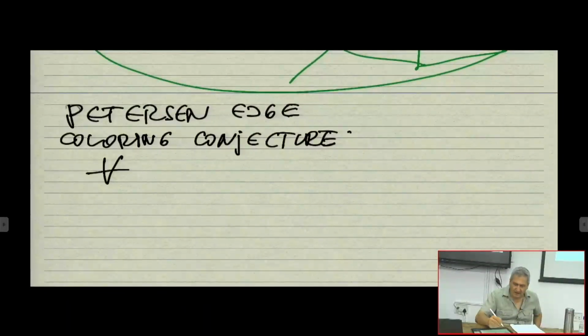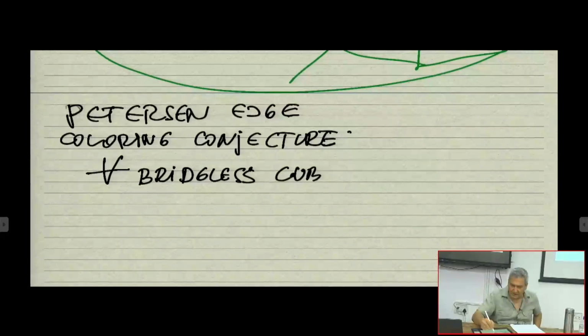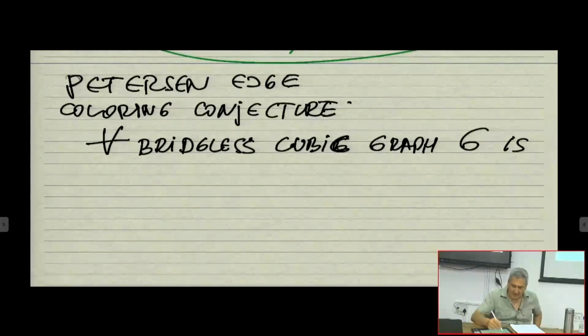Every bridgeless cubic graph G is Petersen edge colorable.